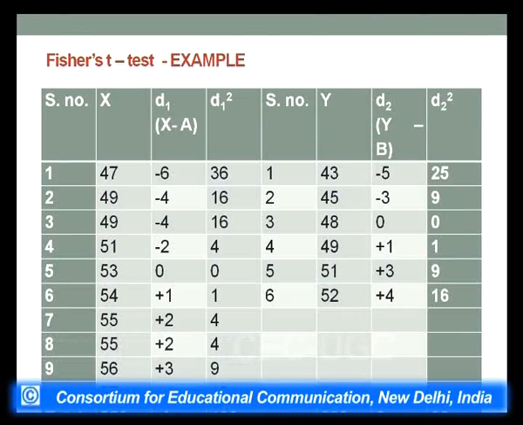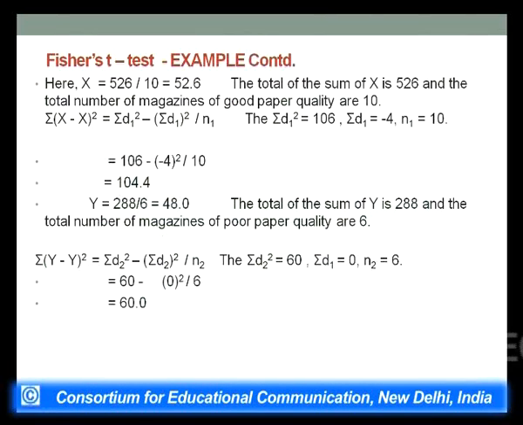Then we have squared it, D1 square. Then in the other case, the Y population, after Y, same exercise, we have taken out the difference from the mean and squared it so that minus and plus go away. And then in the end, of course, we have totaled it up and then we work out the solution of it.